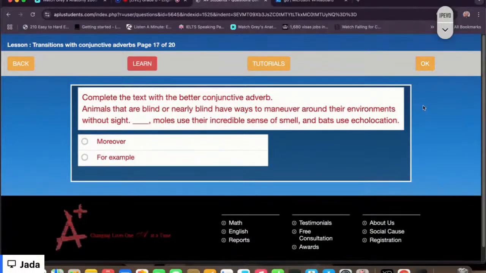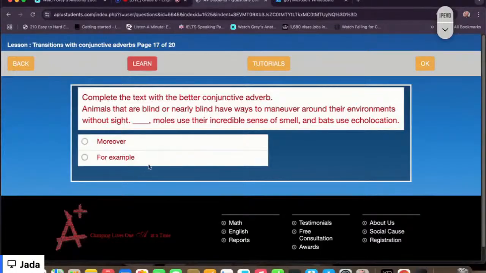All right, so we have however, okay? Animals that are blind or nearly blind have ways to maneuver around their environment without sight. Dash, most use their incredible sense of smell, and bats use echolocation.